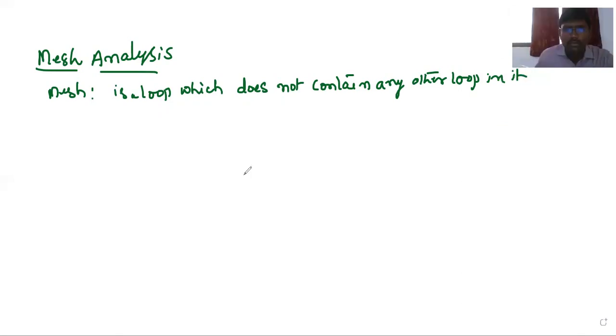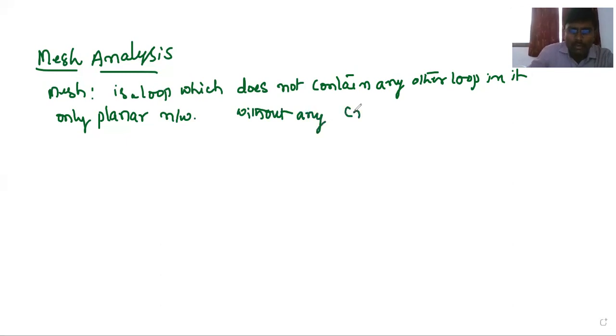Okay. So this mesh analysis is applicable to only planar networks. A network is said to be planar if it can be drawn on a two-dimensional plane without any crossover.